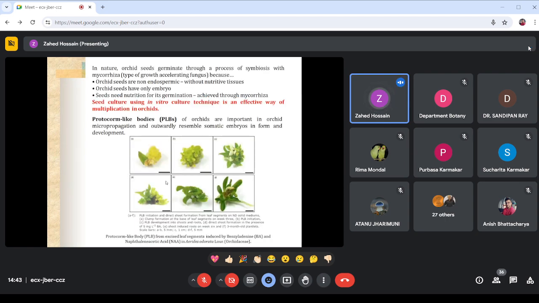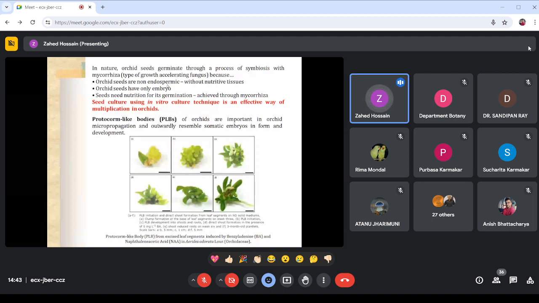And as I mentioned, even seeds can be used as an explant, and the classic example is orchid, because orchid seeds are non-endospermous. That means there is no nutritive tissue that will give nutrition to the growing embryo. So the embryo can be rescued, and those embryos can be cultured under aseptic condition. So that's why seed culture. But if you try to establish a rice culture using a seed, it is of no meaning, because rice seed normally grows.